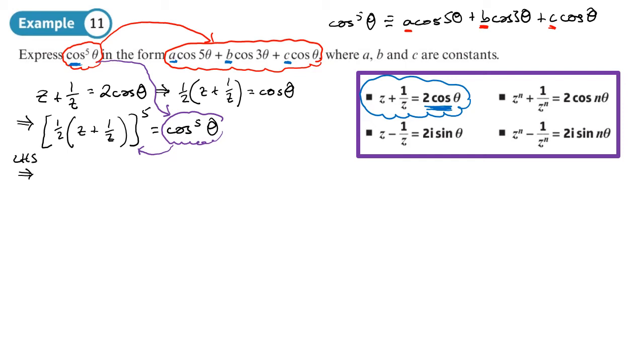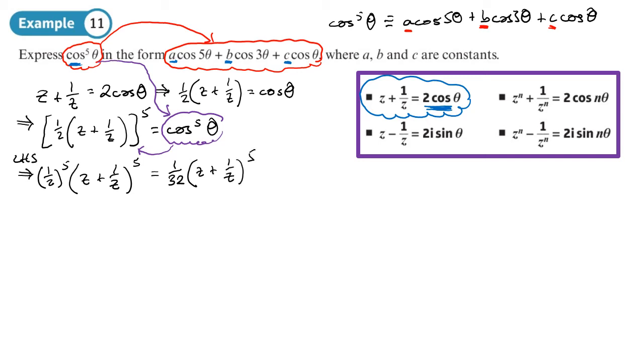If I do power 5 of both sides, I'll get half to the power 5 times z plus 1 over z to the power 5. And if I do that, 2, 4, 8, 16, 32, so 1 over 32 times z plus 1 over z to the power 5.